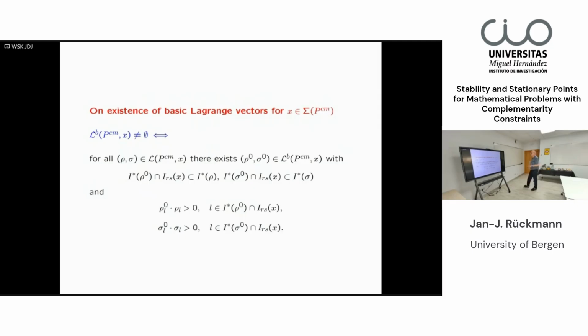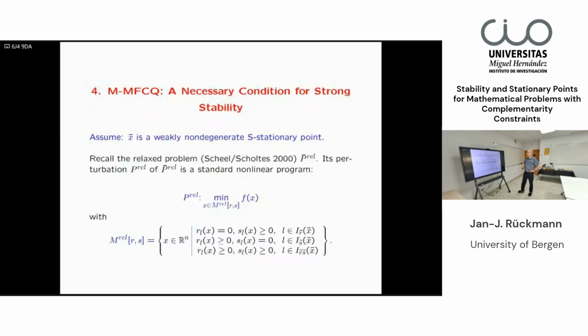And this is formulated in this statement. The blue says there exists a basic Lagrange vector, where LB is the set of basic Lagrange vectors here, if and only if, and then there is a condition, an if and only if condition for the existence of Lagrange vectors.